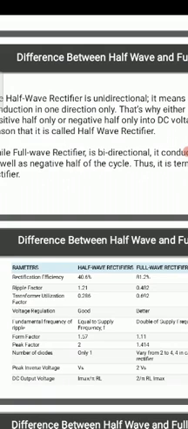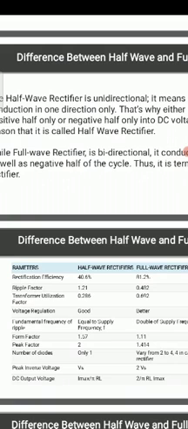The rectification efficiency of a half wave rectifier is 40.6%, and of a full wave rectifier is 81.2%. Why is the half wave rectifier only 40.6%? Because the half wave rectifier converts only one half cycle.